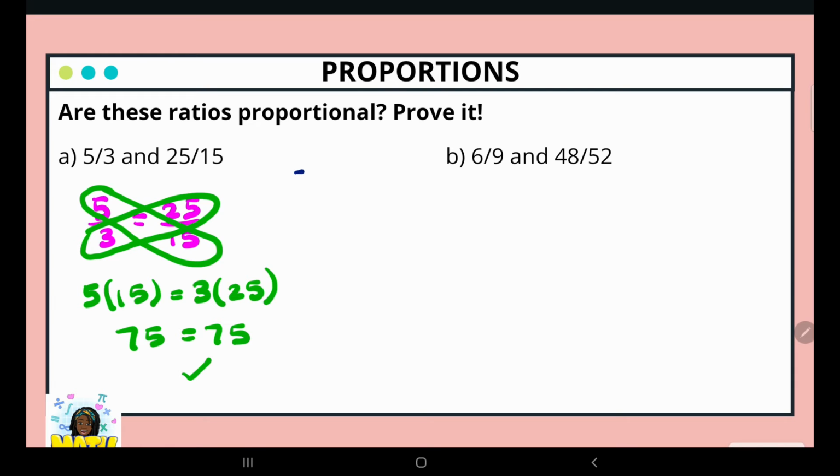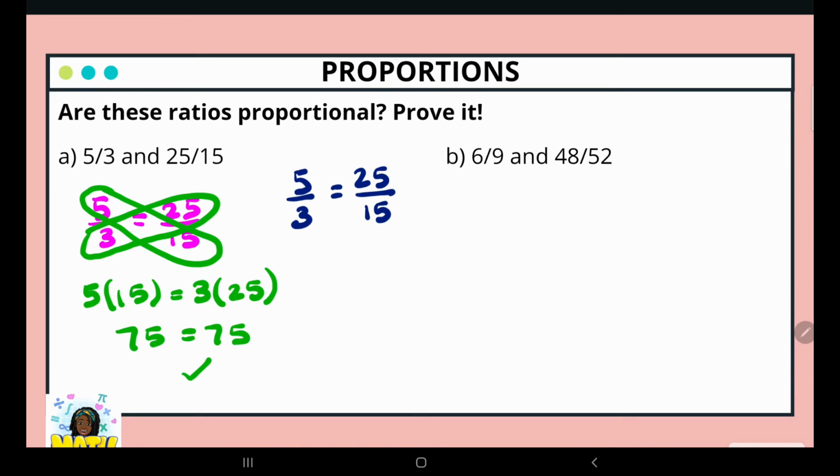Absolutely. You could have also tried simplifying. Here, 5 over 3 is already in its simplest form, but could I have simplified 25 over 15? Absolutely, but sometimes it's just not as easy to simplify, and that's where the cross product will always be a proven method.